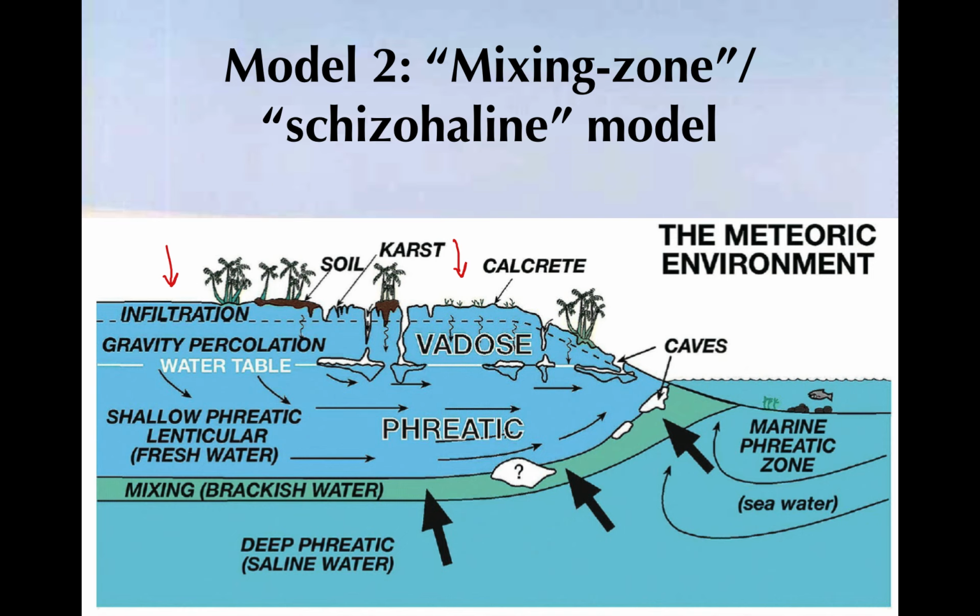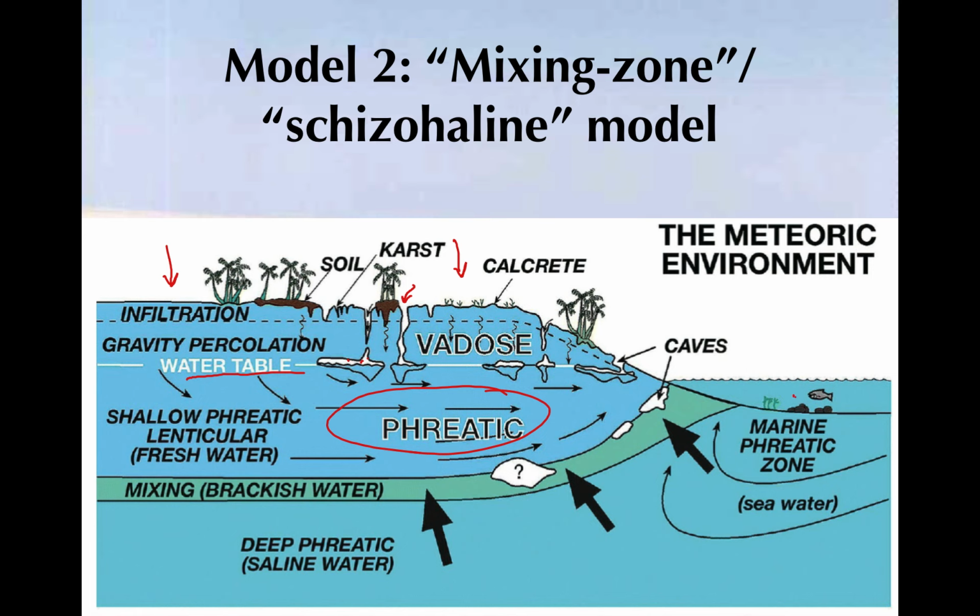That water is slightly acidic. It'll percolate down into the subsurface and dissolve caves and things. It'll open up cracks. And it'll accumulate underneath the water table. So we've got fresh water here in this area, the phreatic zone. In other words, the zone where the sediment is saturated with water.